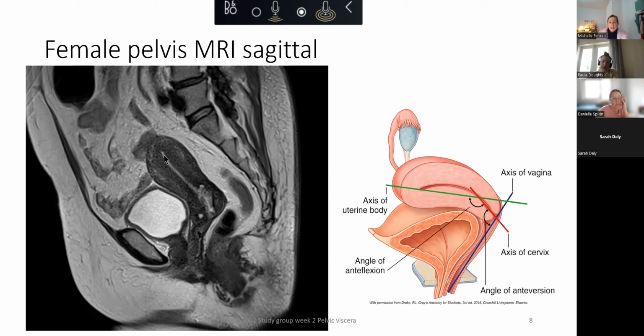When females have a cycle, this endometrium gets thicker and thicker throughout their 28-day cycle. Then when they have their period or menstruation, they shed it, which comes out through their vagina. The same thing happens if the endometrial tissue is outside the uterus.